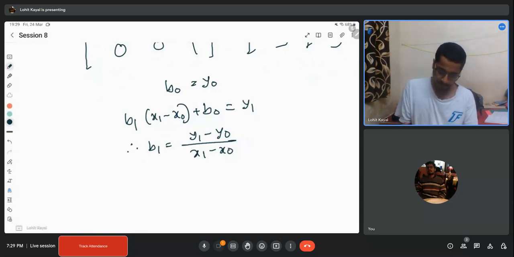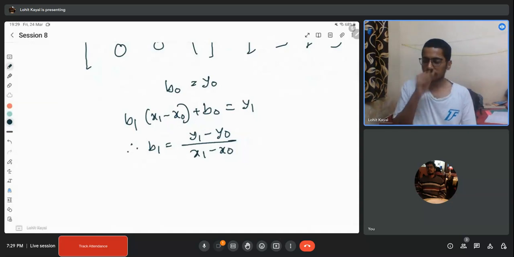For the third equation, (x2 minus x naught)(x2 minus x1) b2 plus (x2 minus x naught) b1 plus b0 is equal to y2.